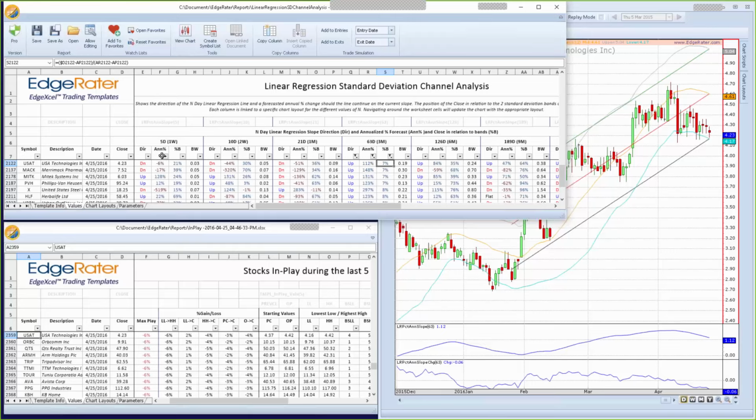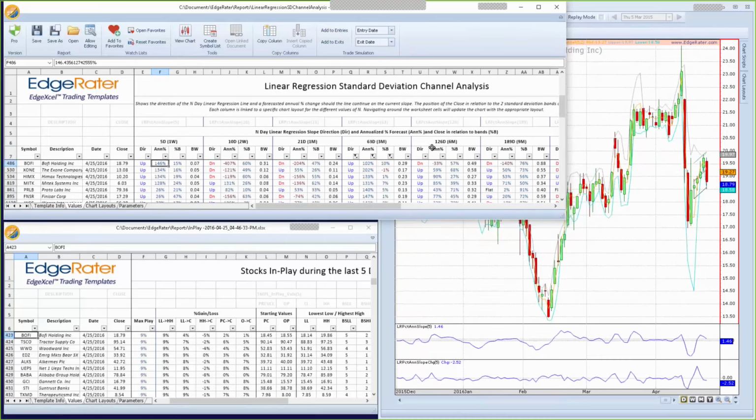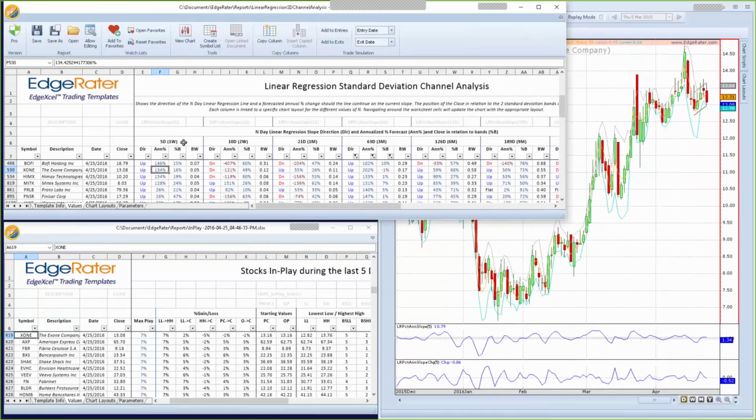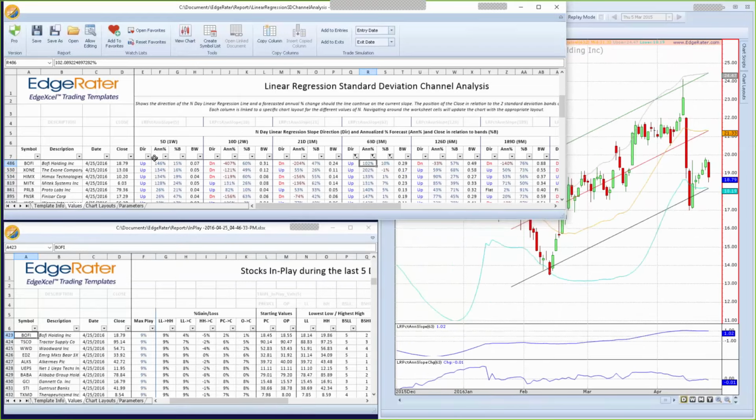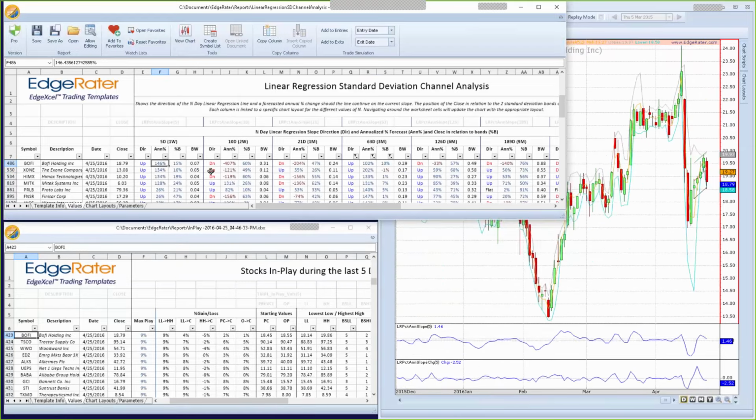You could then say, I now want to find things that on the 5-day are actually going up quickly as well. Let's go to the top of that list and sort it. So here we are. We can see the 5-day line is now drawn because I'm clicking on the 5-day column instead of the 63-day column. 63 days and 5 days. So that's a useful thing.